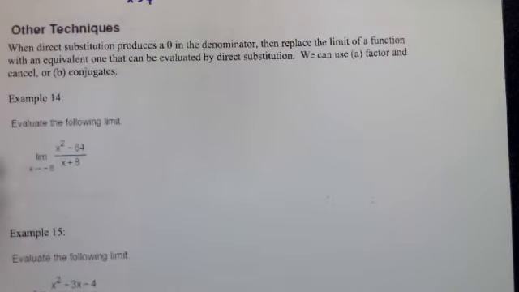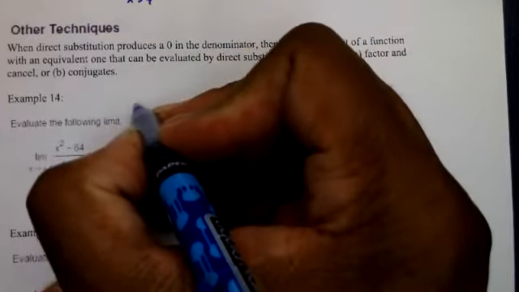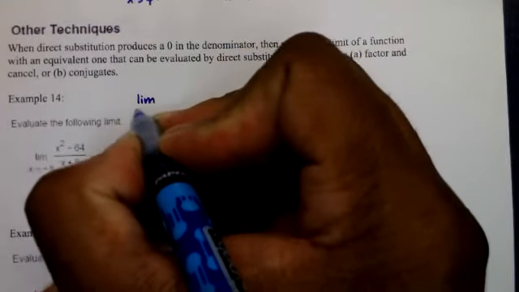All right, so let's start with this example. Evaluate the following limit: the limit as x approaches -8 of x squared minus 64 divided by x plus 8. Now, I'm going to show you what happens when you use direct substitution.